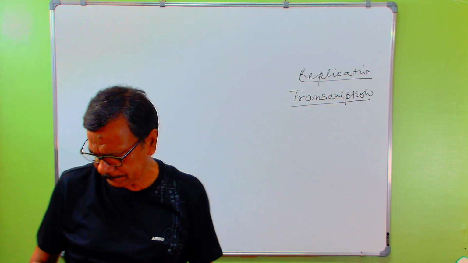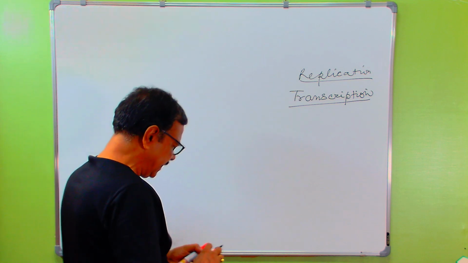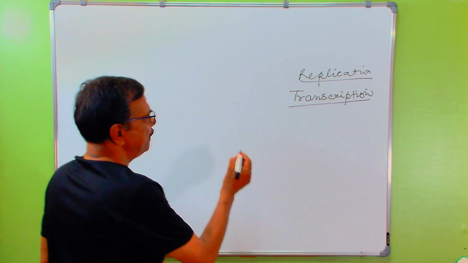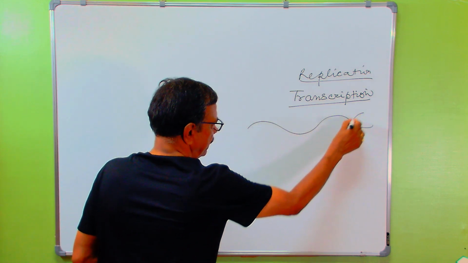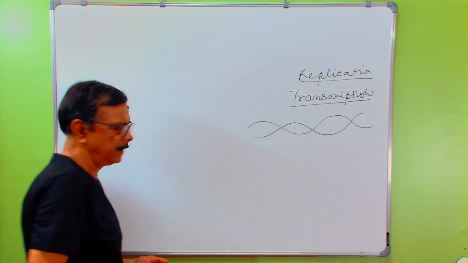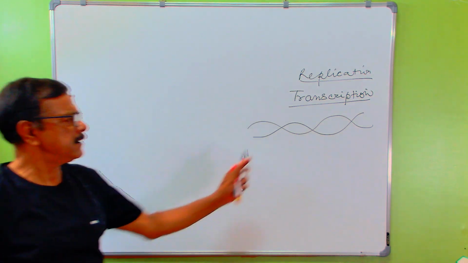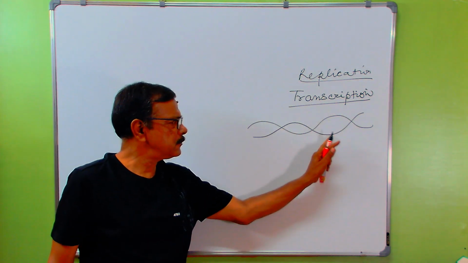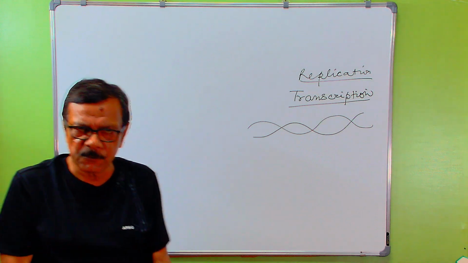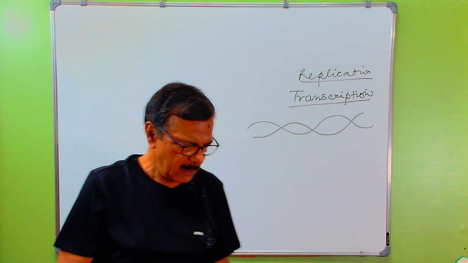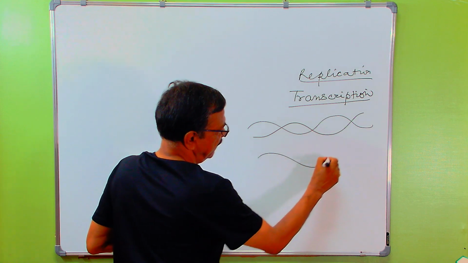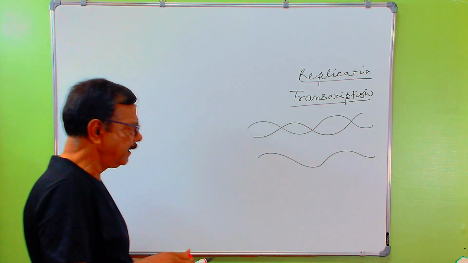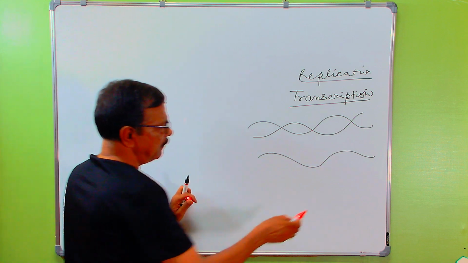Now you see, in DNA replication, what we have seen, suppose it is a DNA. A DNA has two strands. Out of the two strands, new strands will come. This strand will be the parent strand and another new strand will come.